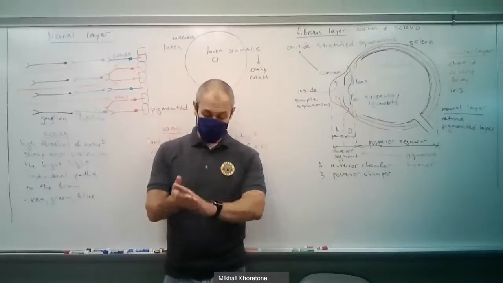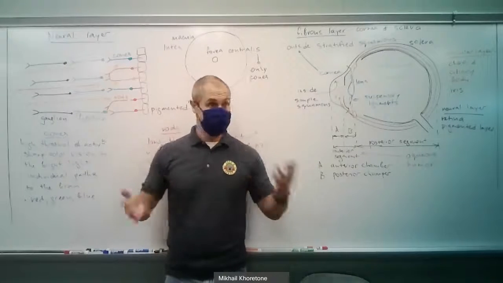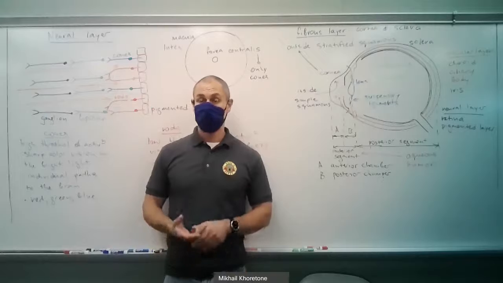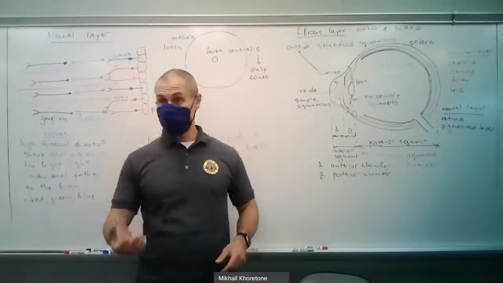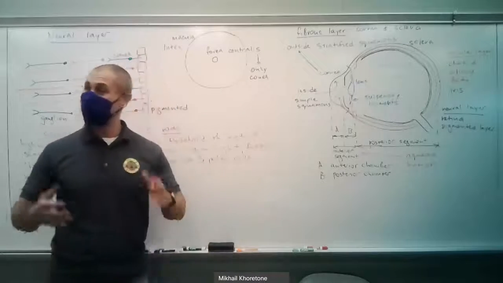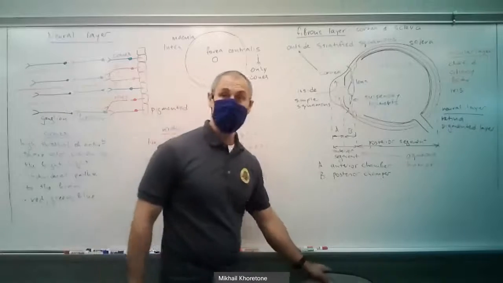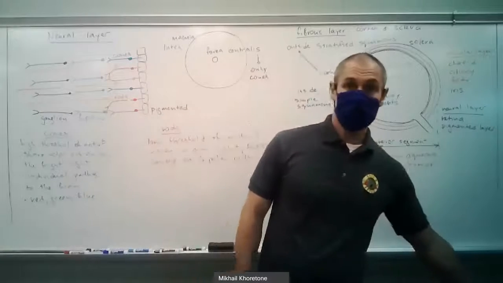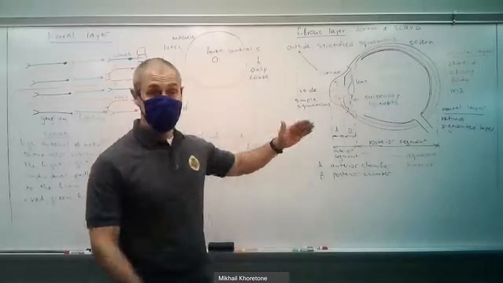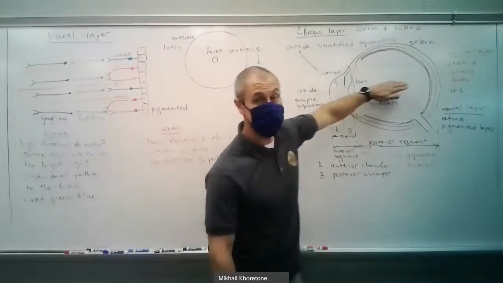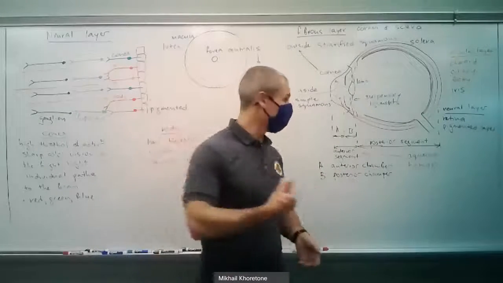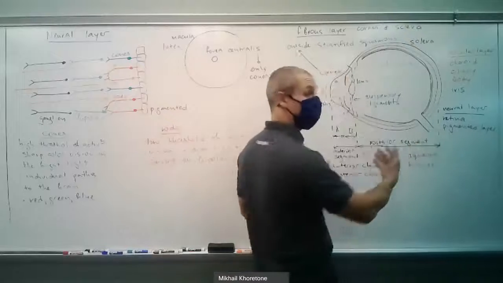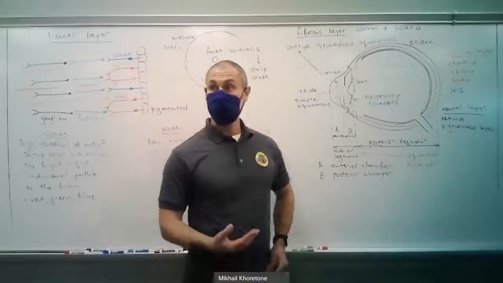Now, a few conditions regarding the eye. We already mentioned glaucoma, right? Increased intraocular pressure. Kind of related to this is papilledema. But in glaucoma, pressure comes from here. In papilledema, pressure comes from the brain through the optic nerve.